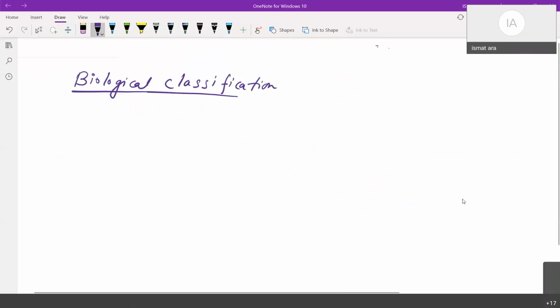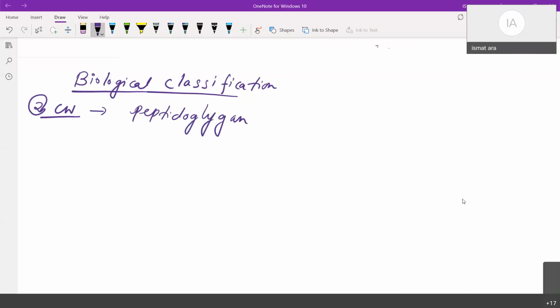Second structure is the cell wall. Here, the cell wall is made up of a structure called peptidoglycan. In short, I will use PDG everywhere, in the next lecture also.